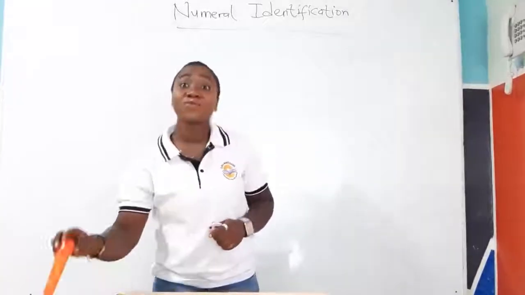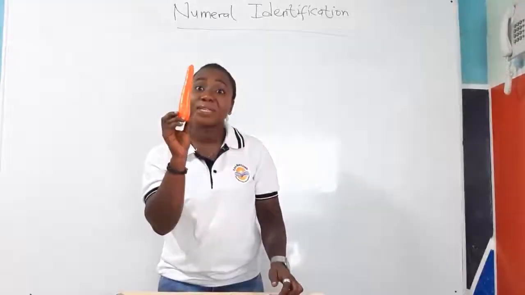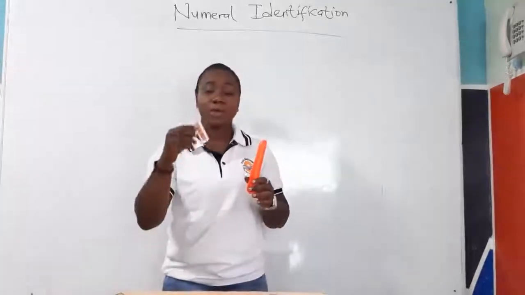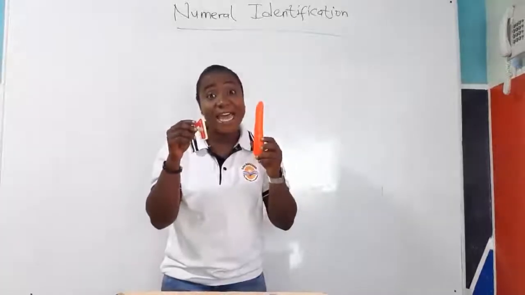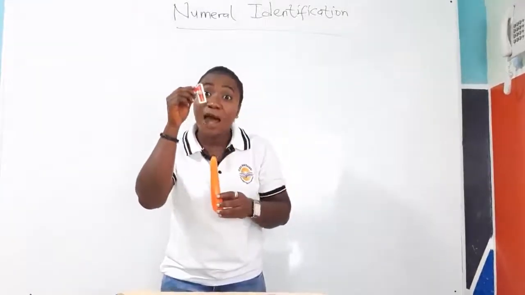I have 1 carrot. How do I represent this idea? 1. So the idea of 1 carrot is numeral 1.